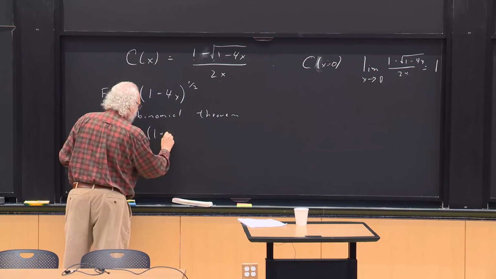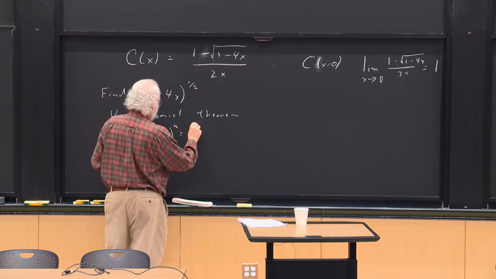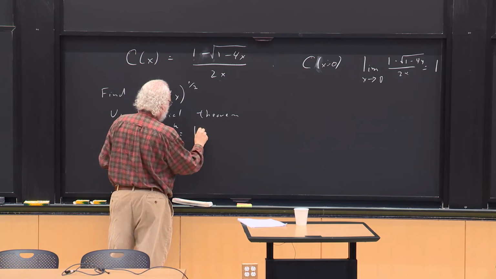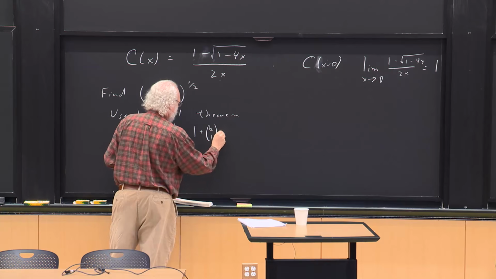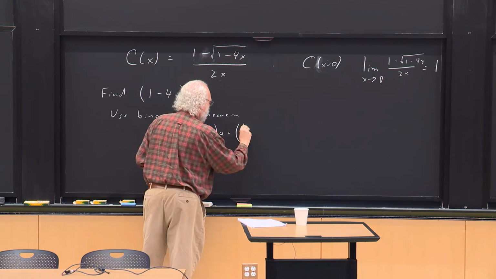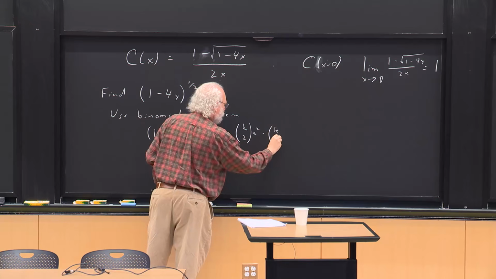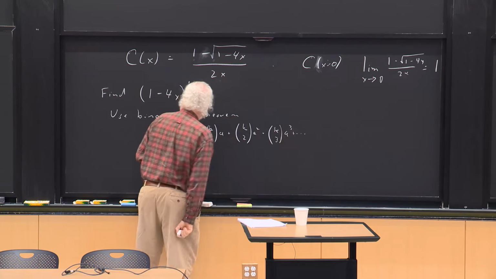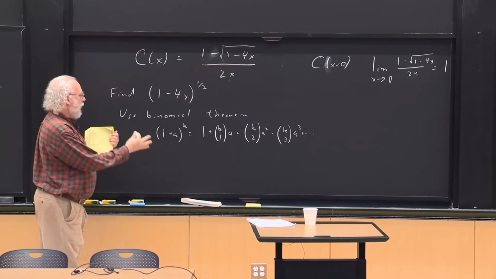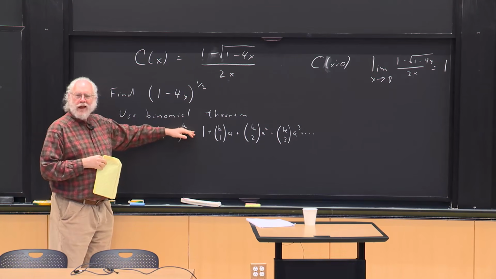1 plus a to the k is equal to 1 plus k choose 1, a plus k choose 2, a squared plus k choose 3, a cubed plus dot, dot, dot. And it's also true for fractional values of k.